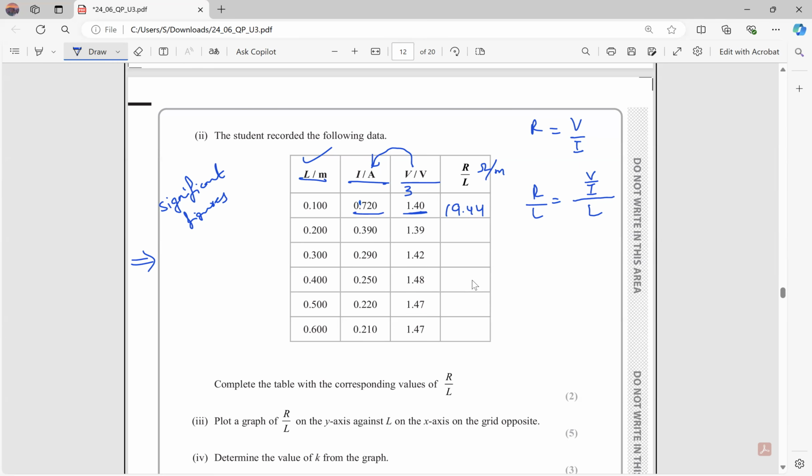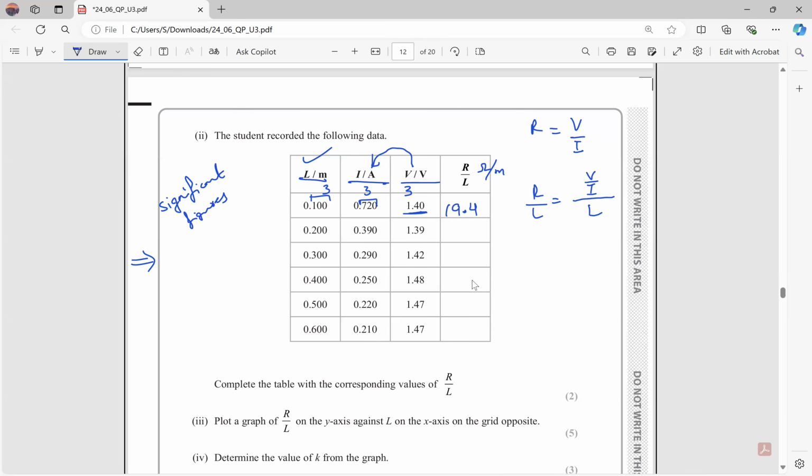The 0 on the left of the decimal is not significant. Then this one, again 3. 0 to the left is not significant. So they're all 3, so your final answer should have 3 significant figures, 19.4. If one of these was 2, then your answer should have 2 significant figures. If one of these was 1, your answer should have 1 significant figure. Your final answer should have the least number of significant figures as in your data.